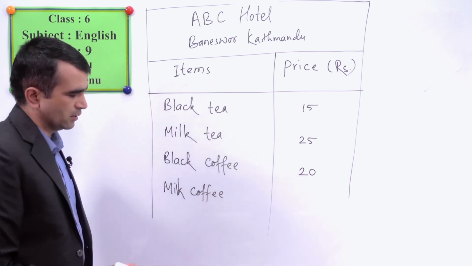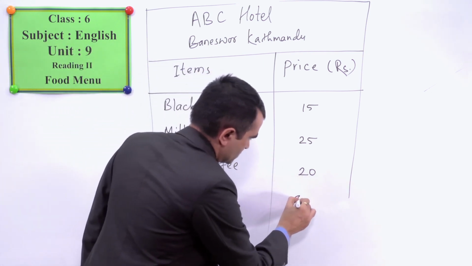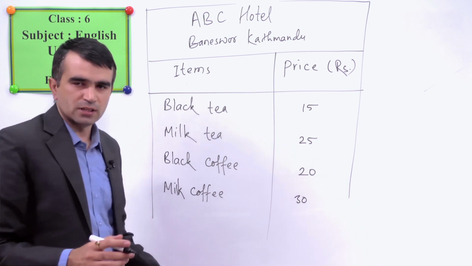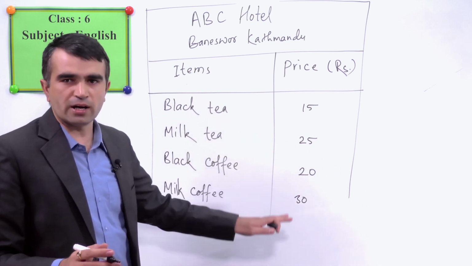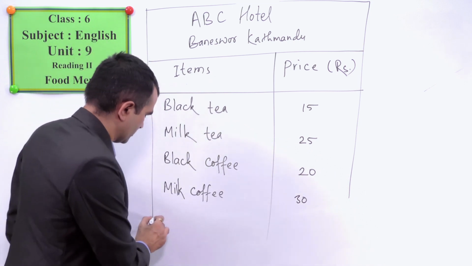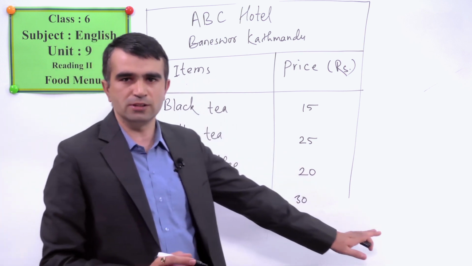Milk coffee, 30 rupees. Okay, suppose. Now you can add some more items there, okay? Well, and then finally close it.